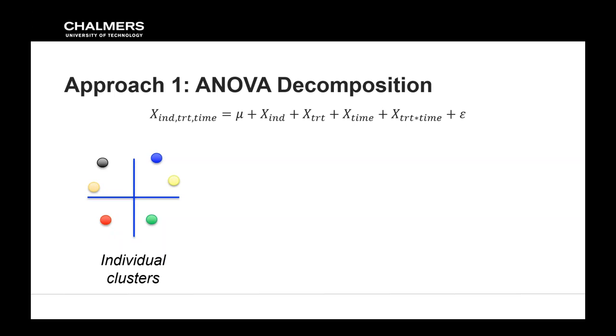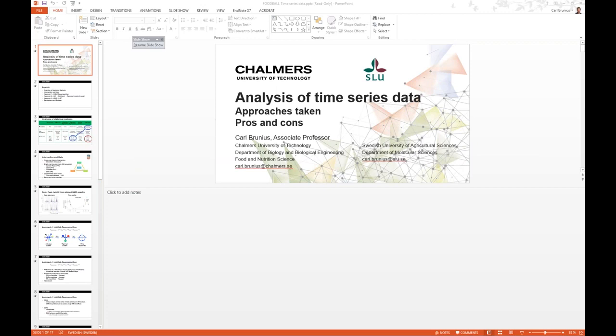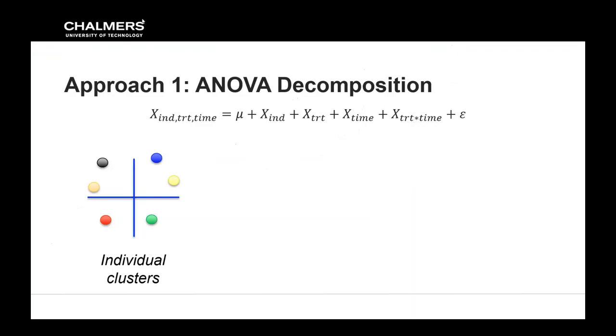We assume that your data here, represented by X for individual, treatment and time, is scaled and centered, so the mean value would be the mu in the mathematical model.